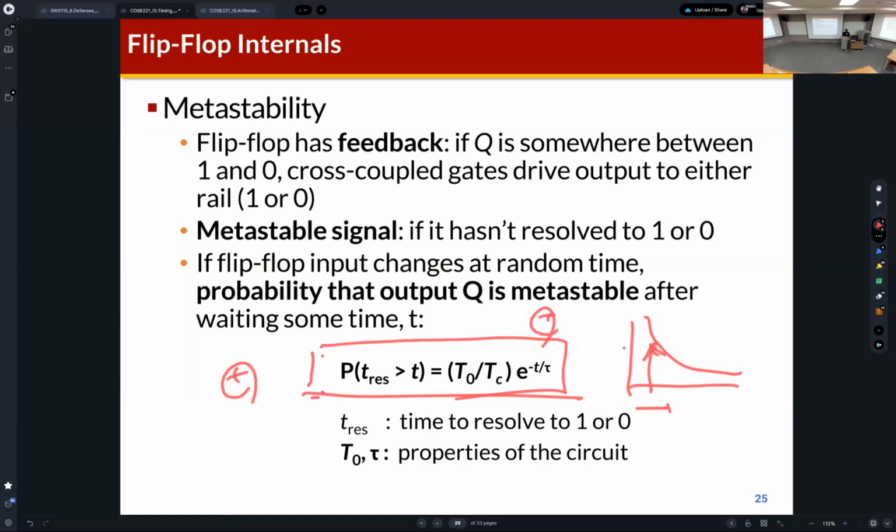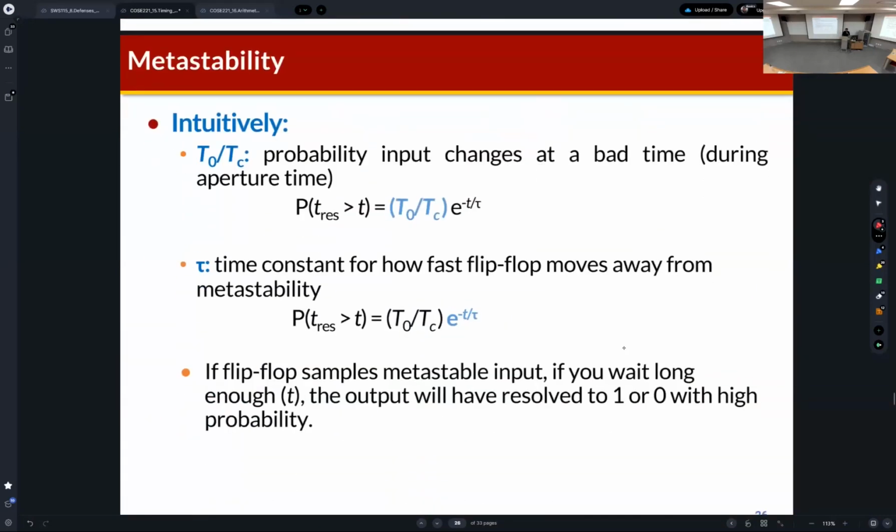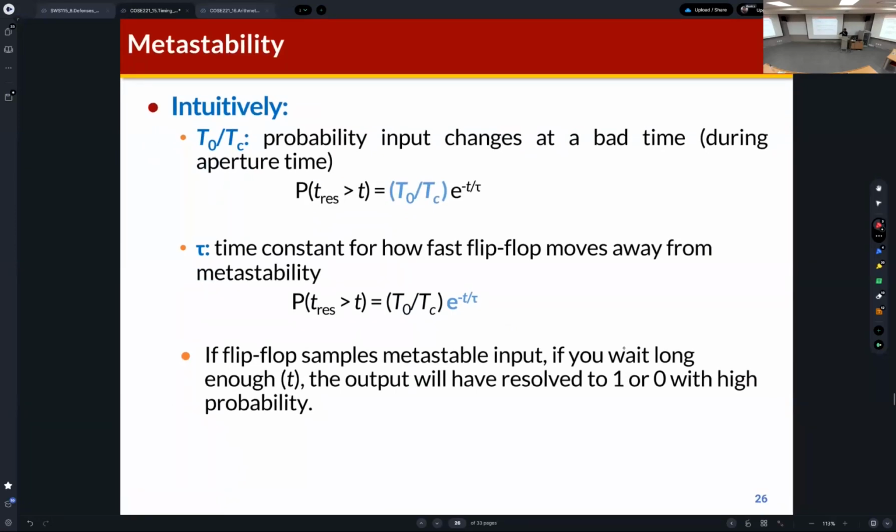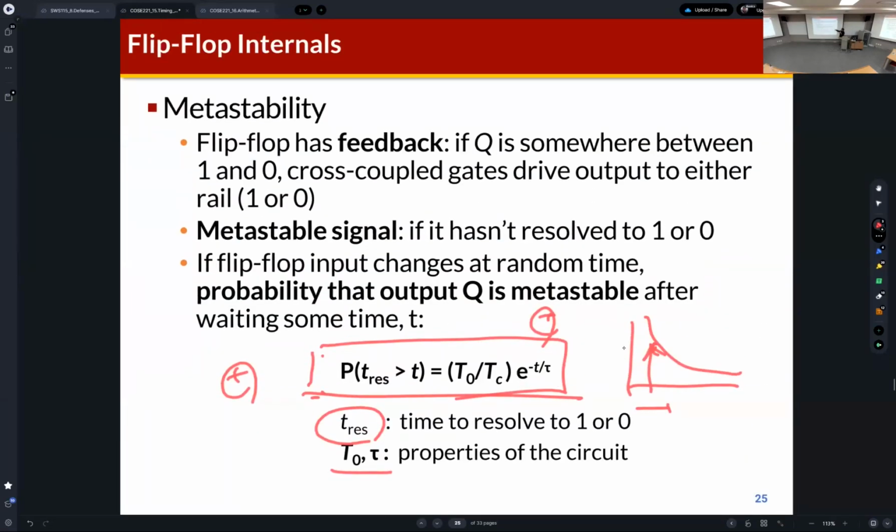So actually T1 is the time to resolve to 1 or 0, and T0 or tau is the property of this circuit, like a flip-flop. I mentioned that this function is generated from some analog features of the flip-flop.